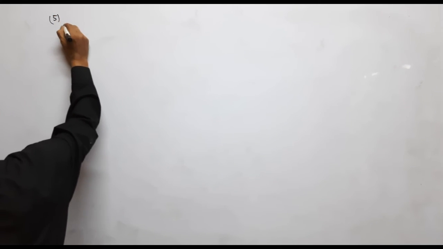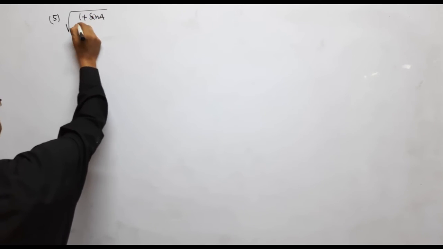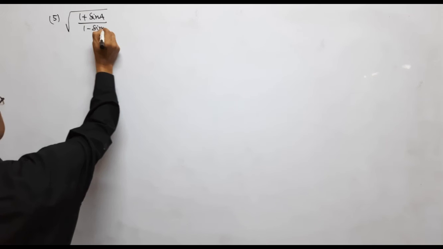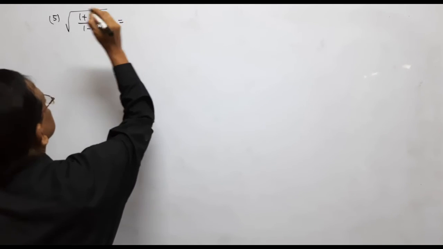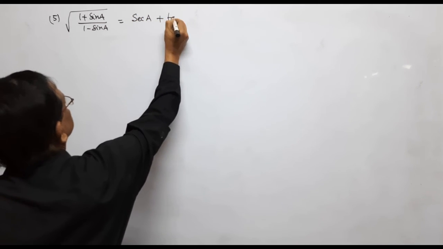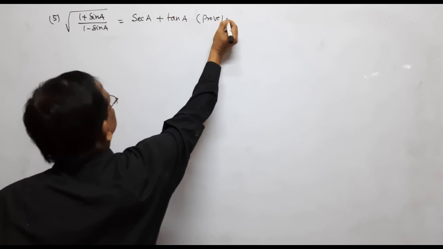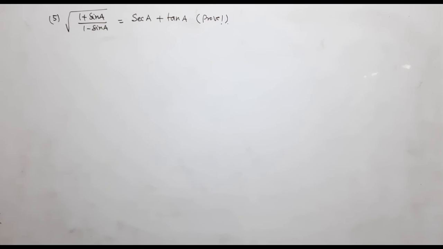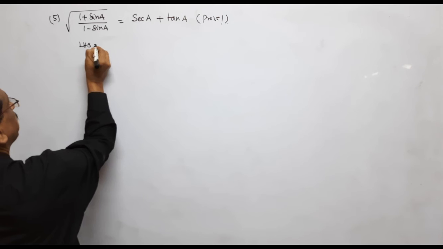Now some of the simple problems are something like root of 1 plus sin A by 1 minus sin A. This is secant A plus tan A. Actually, this is what we want to prove. So let us consider LHS, left hand side.